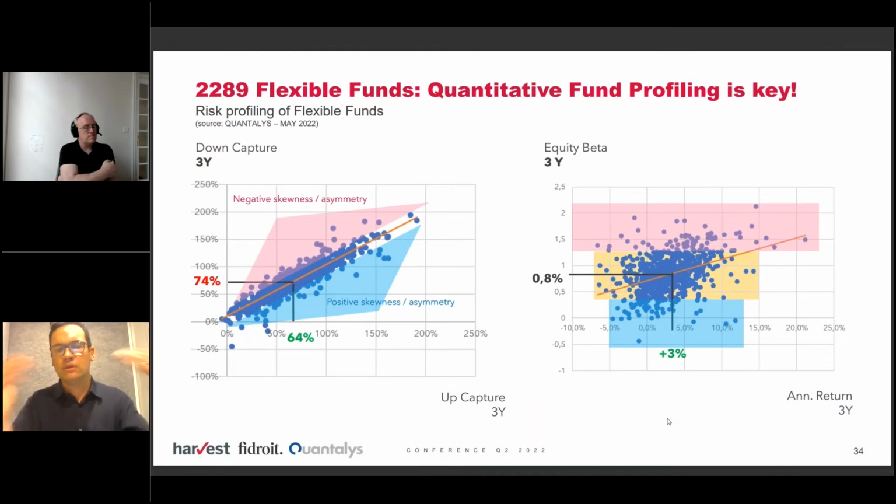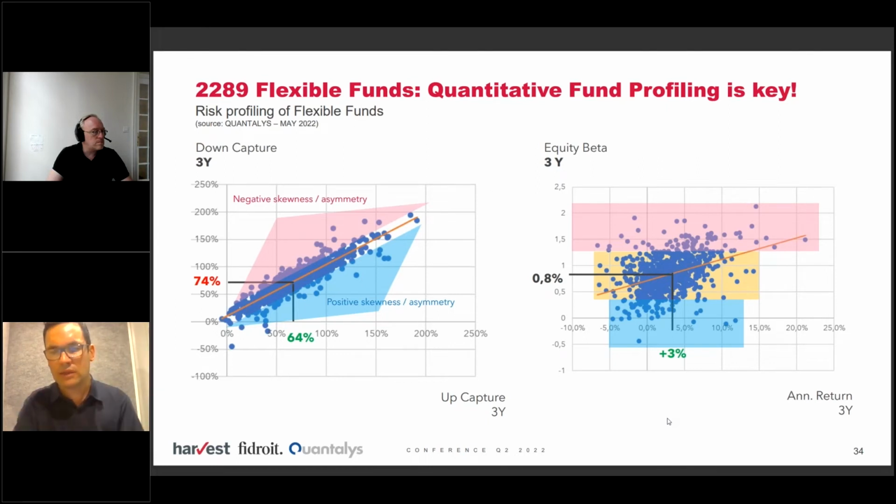And you see, in fact, that this level of aggressiveness is due to the equity beta in the market, because over the last 3 years, the portfolio managers' scenario was TINA: there is no alternative. You have to invest in equity because of the level of interest rates.